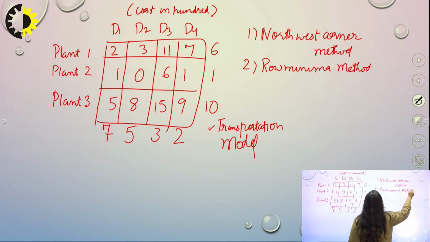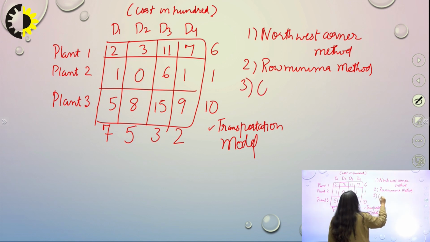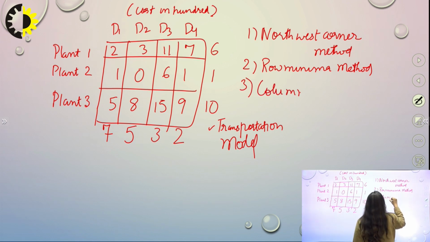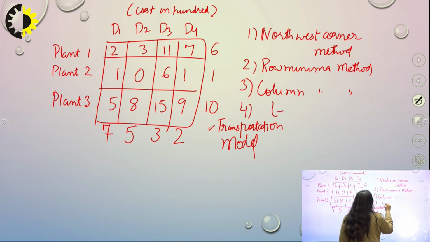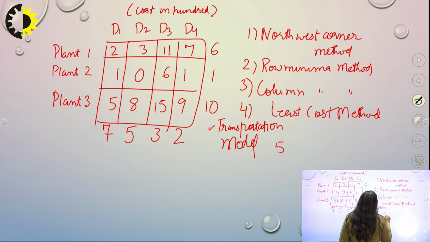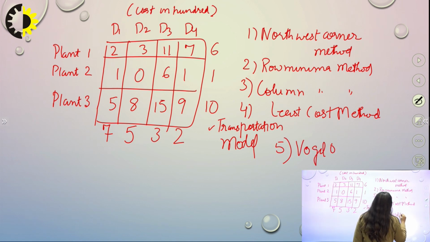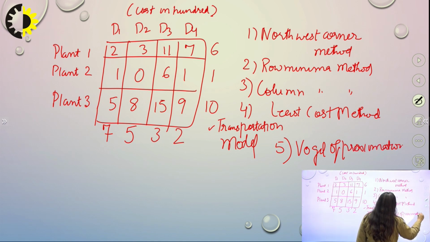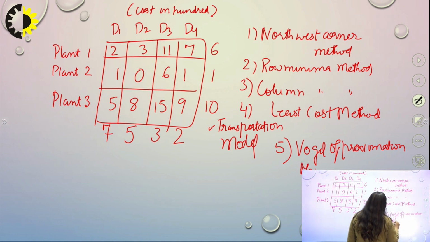Number 3 is the column minima method. Number 4 is the least cost method. And the last one, which is the most important, is the Vogel approximation method, the VAM method.